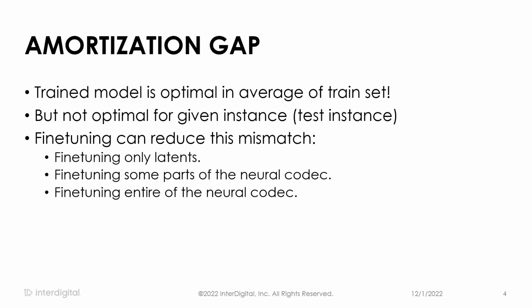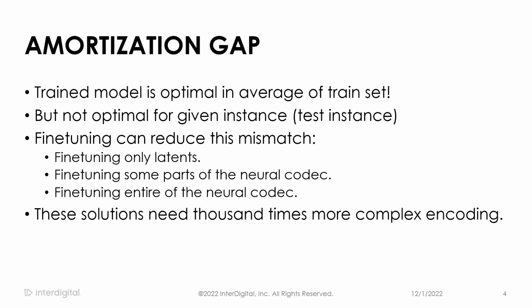Some optimize the latent for a given single image, or optimize some part of the neural model or the entire model. Since those models need to run more than 1000 epochs of optimization, their encoding complexity is too costly. Even with massive parallelization, their encoding time is around 400 times more than baseline encoding.